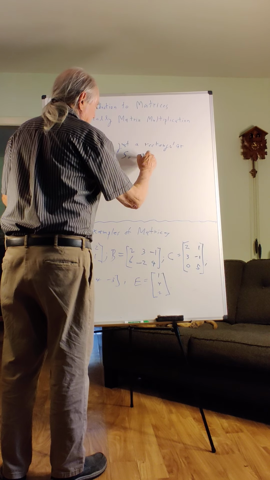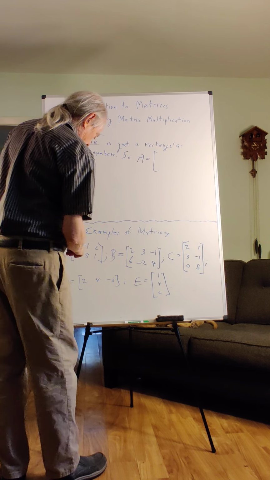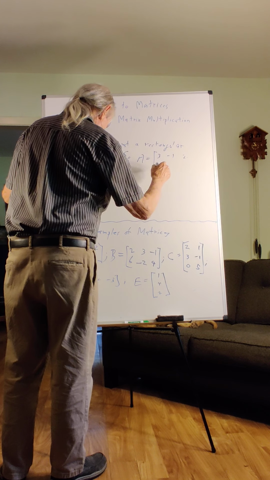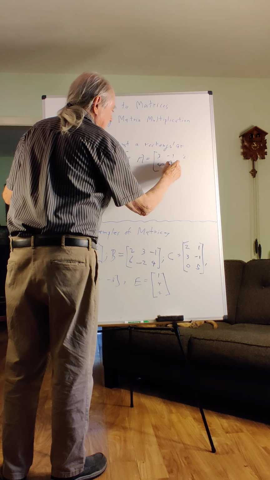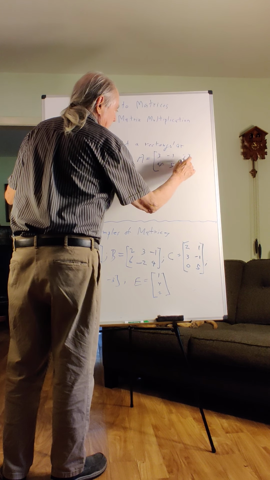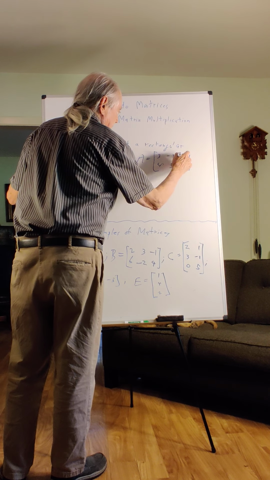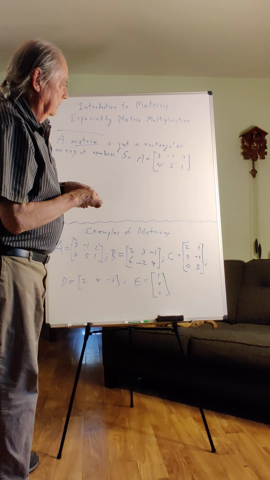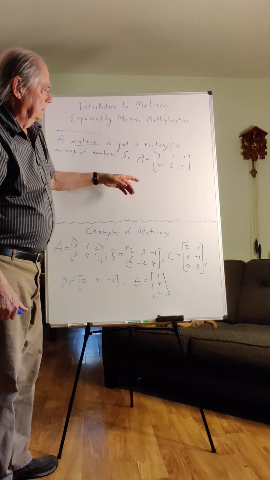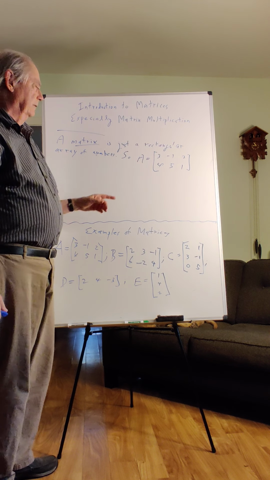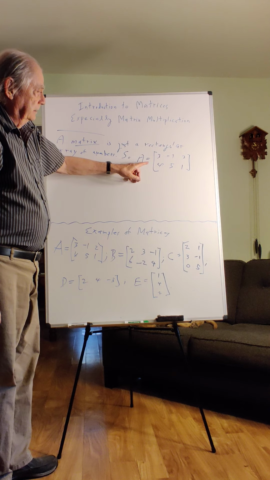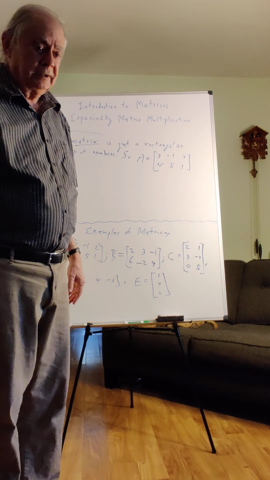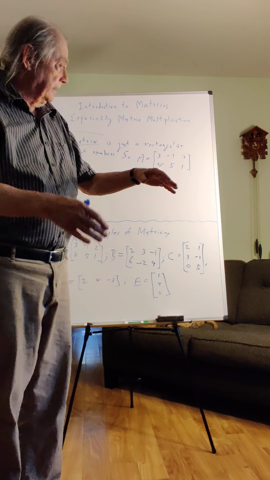Let's take the first one. 3, -1, 2, 4, 5, 1. That's a matrix. I like to ask my students, have you used spreadsheets such as Excel? If you have, a spreadsheet that has numerical data in it is a matrix after all. It's a rectangular array of numbers.